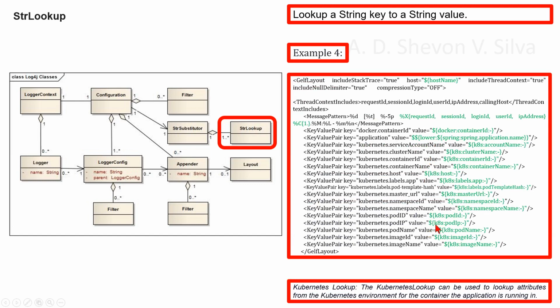As an example 4, we can consider Kubernetes lookups. The Kubernetes lookup can be used to look up attributes from the Kubernetes environment for the container the application is running in.